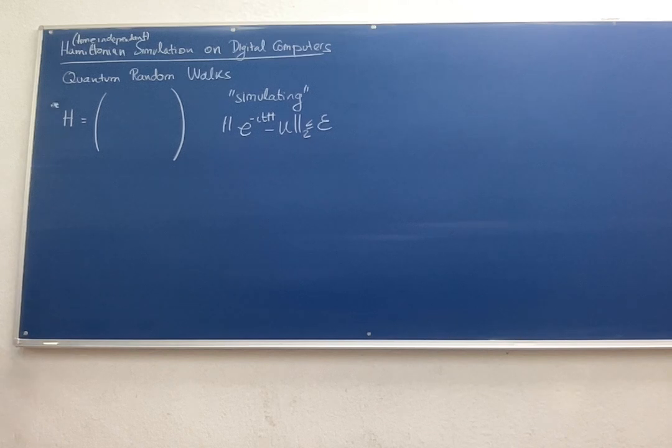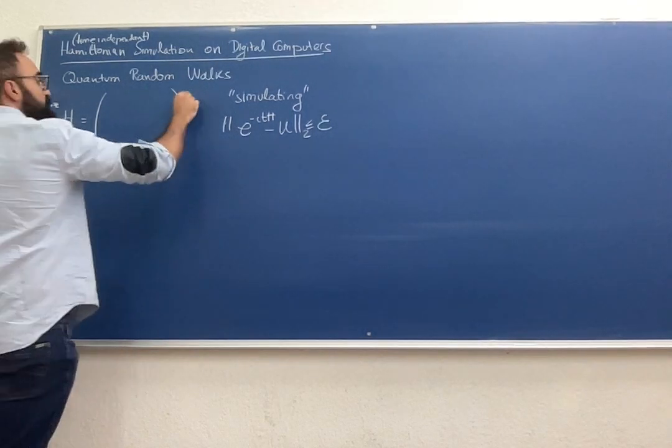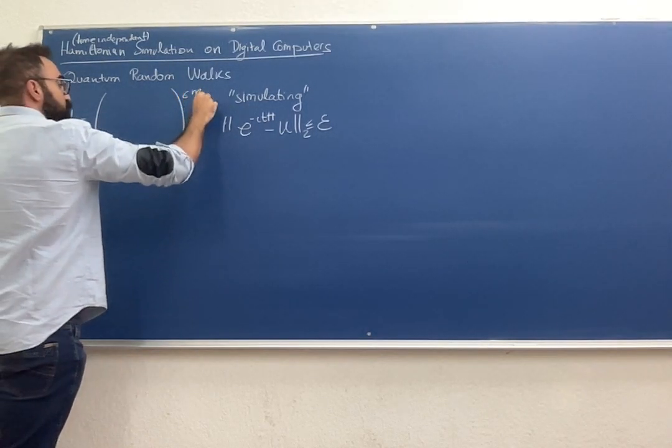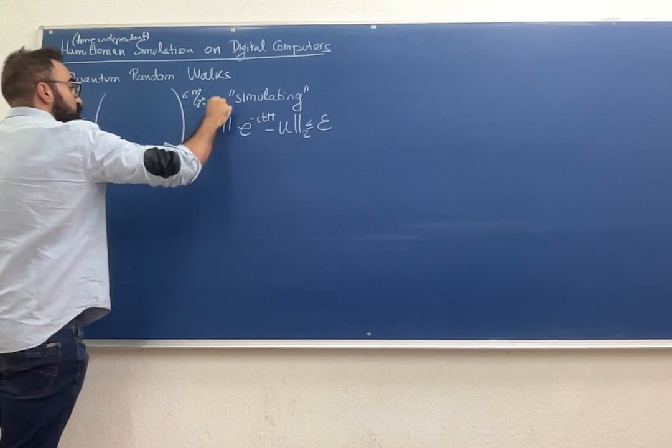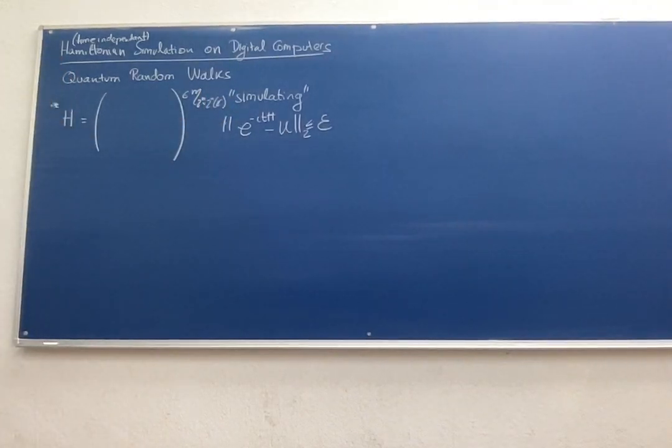We are given this matrix of our Hamiltonian that may be a matrix of size 2 to the n by 2 to the n, because we are assuming that we have n qubits, and we want to calculate this.